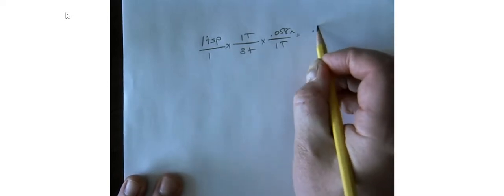It's 0.058 divided by 3, which equals 0.019. All right, so the marjoram, 0.019 ounces.